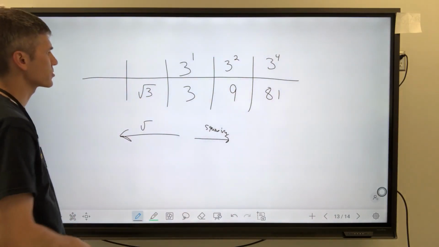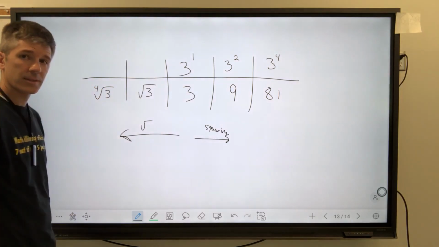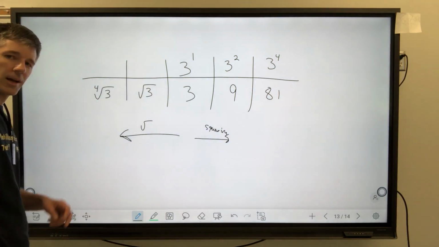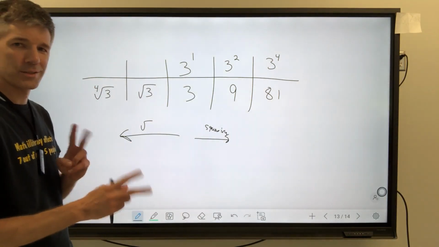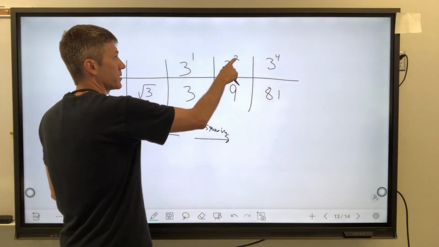Now things are getting out of control. I'm going to go ahead and tell you it's the 4th root of 3, because it's the square root of the square root, okay? And it's because 2 times 2 is 4, not because 2 plus 2 is 4. But here's the exponent pattern. You double this exponent, you double this exponent.